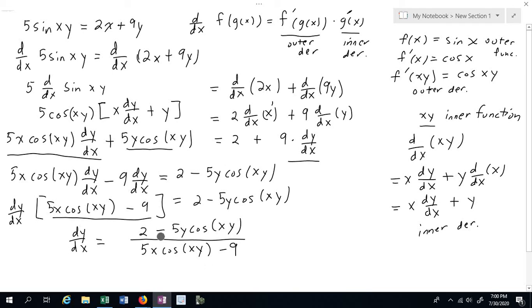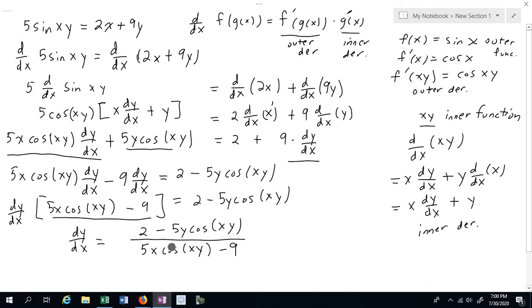Now, one thing to notice is this derivative, dy dx, is written in terms of both x and y. Often that happens when you perform implicit differentiation. When we've done explicit differentiation in the past, we've always ended up with our derivative being a function of just x.